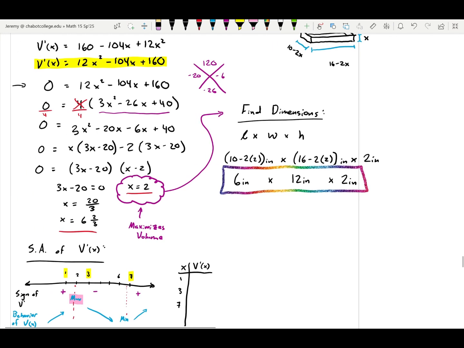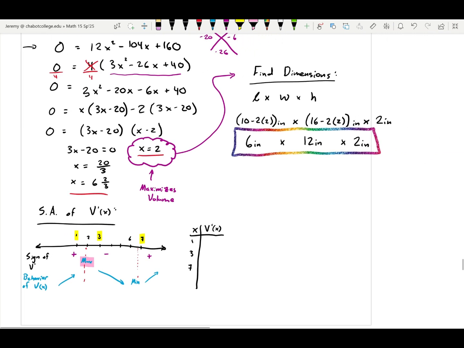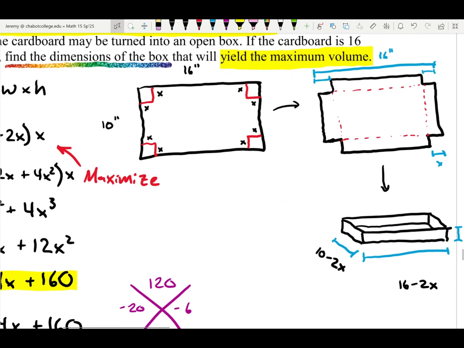Okay. And one more thing I want to point out before we move on is this other critical number. It ended up giving us a local minimum, so it wasn't of interest to us. But what would happen if we tried to make cutouts that were 6 2/3 inches wide, looking back to our original picture?